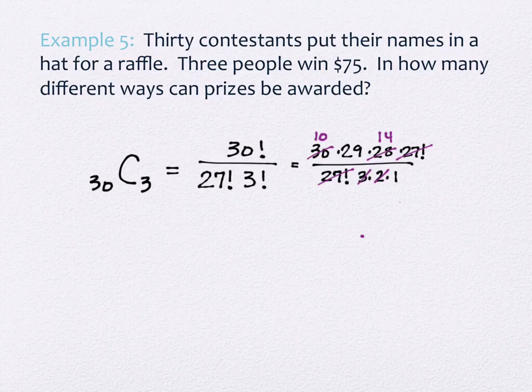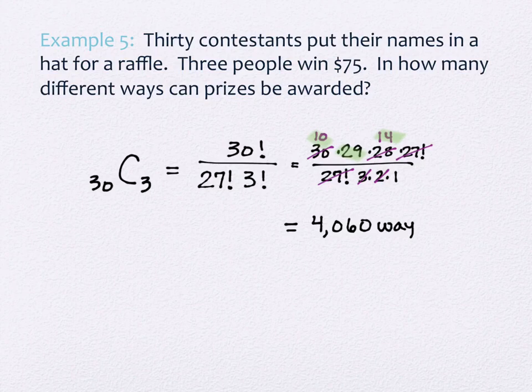So these are the numbers that I chose, and then I'm going to multiply 10 times 29 times 14. And what is 10 times 29 times 14? 4,060.